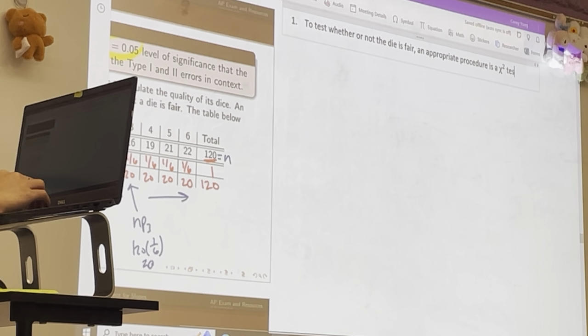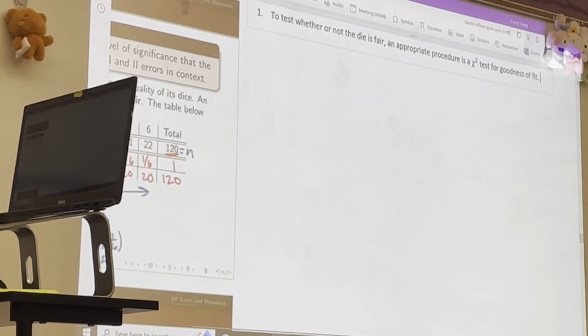Okay, chi-square test for goodness of fit. Okay, so that's my procedure with the following hypotheses.